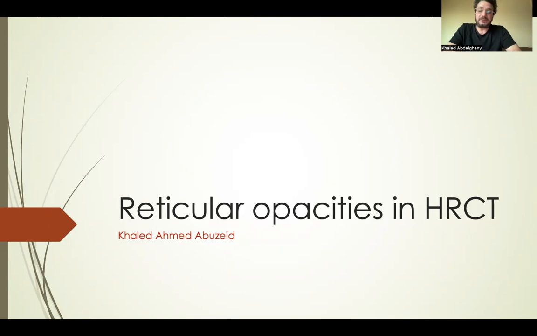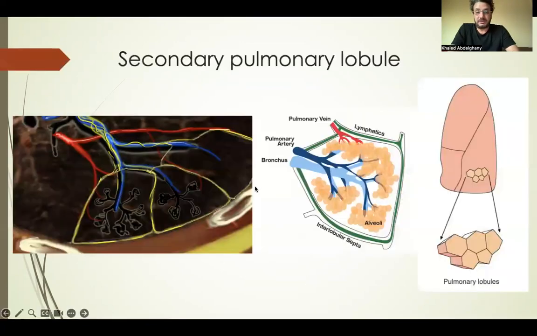Other authors also divided them into interlobular septal thickening, honeycombing, and irregular reticulation. Today I provide another approach, which is just the interlobular septa, which I see is sufficient to describe this topic, reticular opacities.